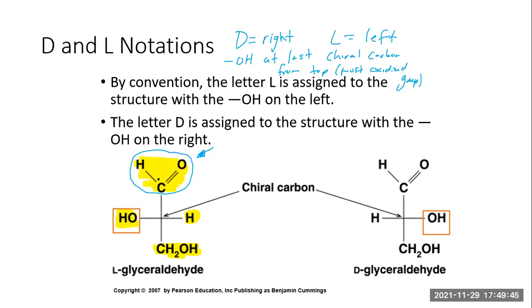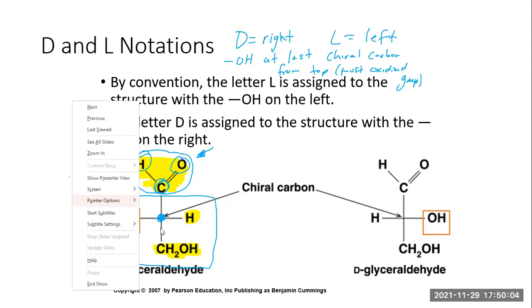When we look at this carbon, it is attached to one group, two groups, and then pretty much everything underneath is a group. So that's not four different groups, so that is not a chiral carbon. When we look at the carbon that's right here, I'll put a little circle there, what we see is that is actually a chiral carbon.